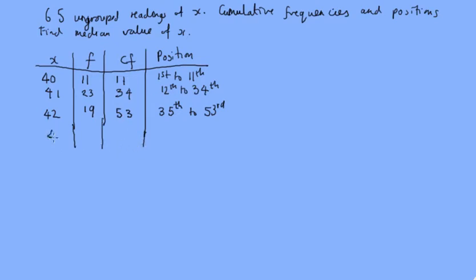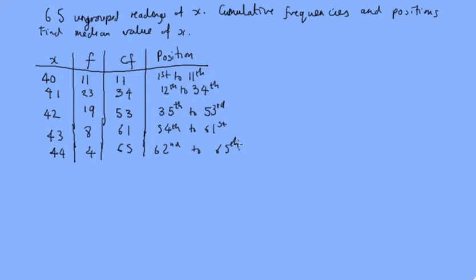And then we've got 43, that's 8 times, 61, and then that's from the 54th to the 61st time, and finally 44, and that is 4 times, comes to 65, and that's from the 62nd to the 65th time.